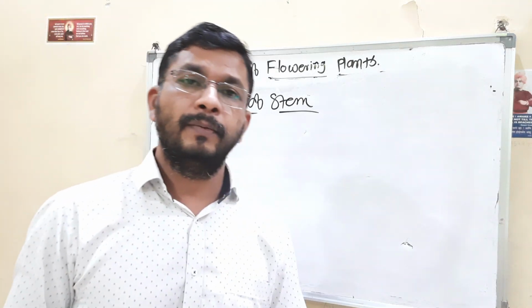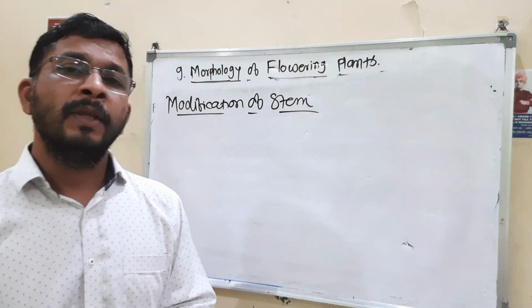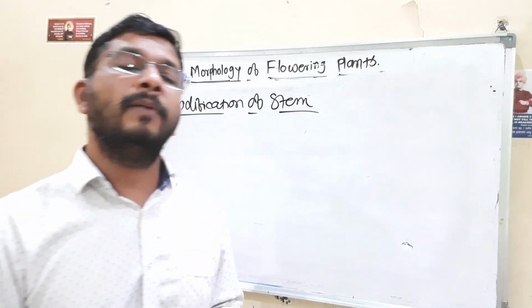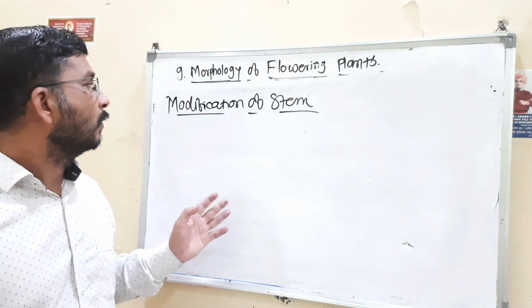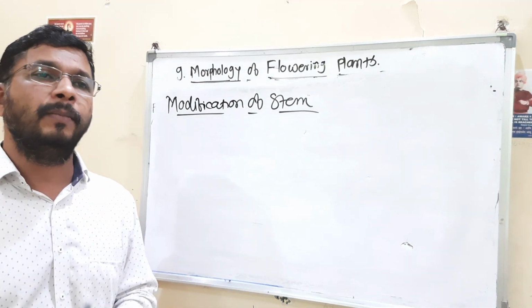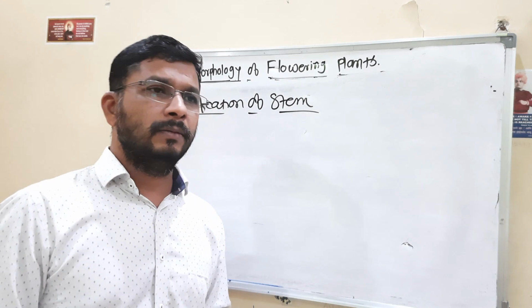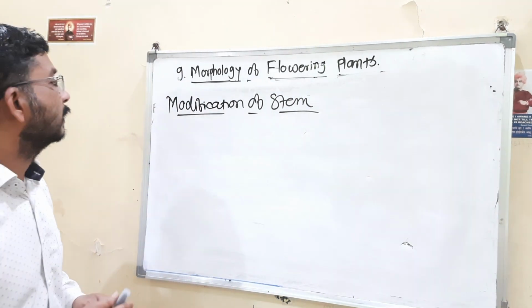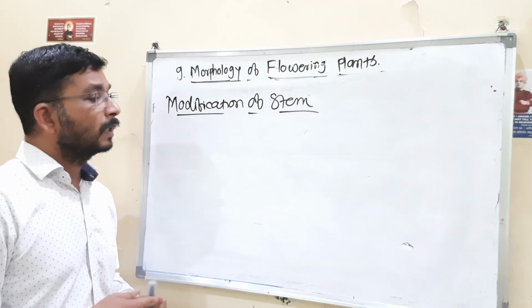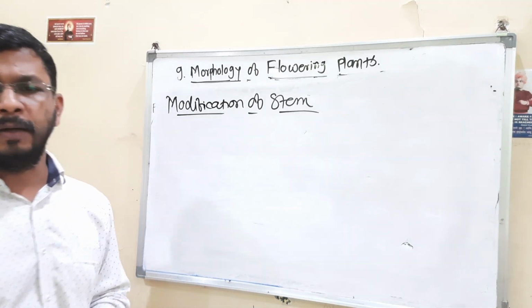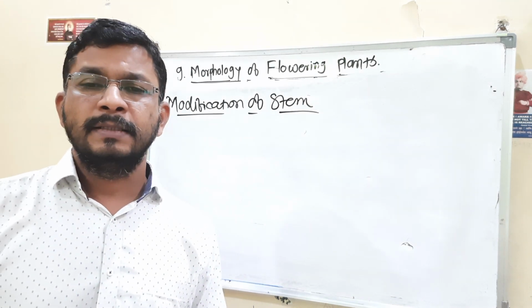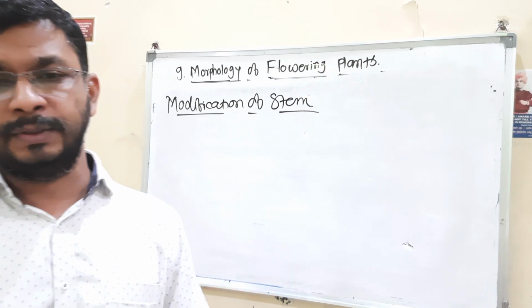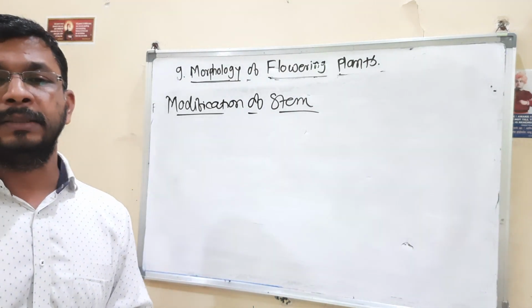Every plant or organism gets modified for survival in different habitats. For the survival in different habitats, they modify themselves, forming certain kinds of structures and functions. That is, the stem develops some modification for additional or accessory function.